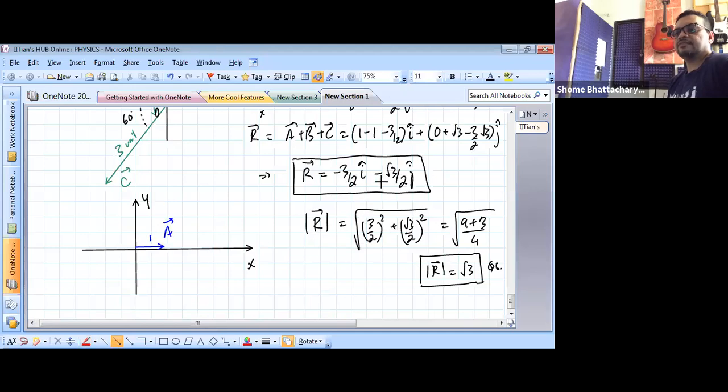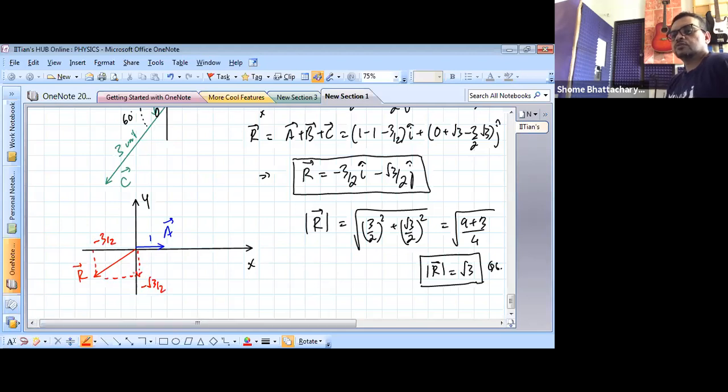It's having negative x component and negative y component. So it is something like this. Minus 3 by 2, and this is minus root 3 by 2.